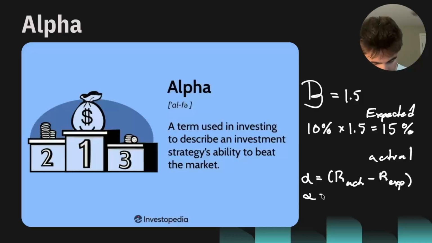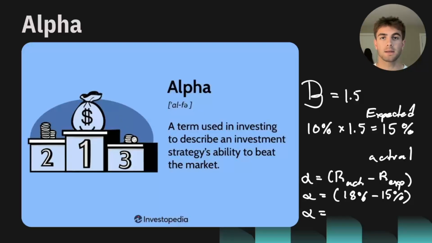And so we had actual returns of 18% when the expected, given the beta, was 15%. The alpha that was generated with that asset and strategy over the given period of time was 3%.